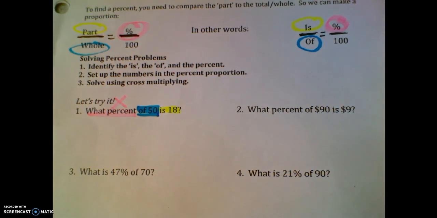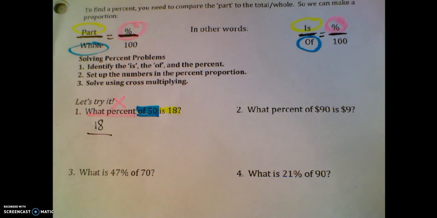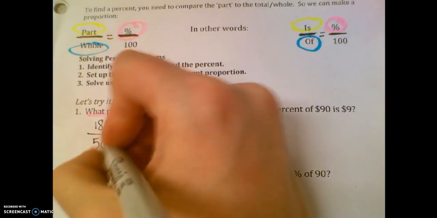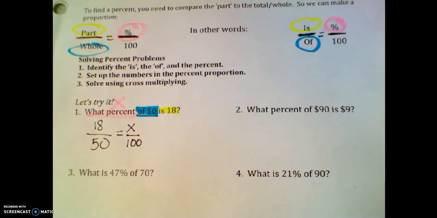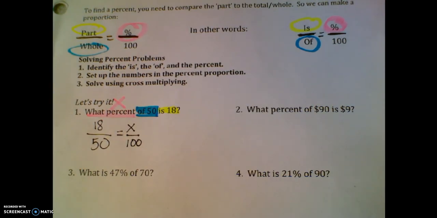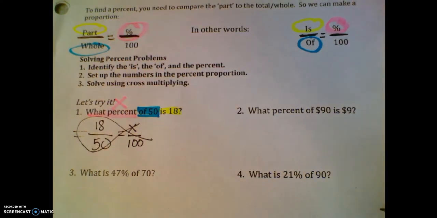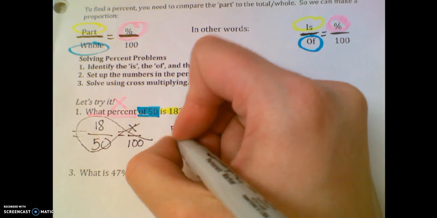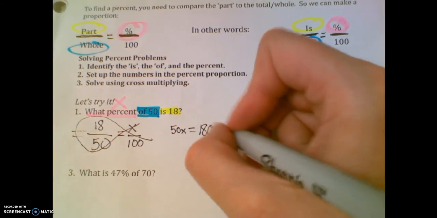So what percent of 50 is 18? I can go ahead and set up what I know. I know that my part is 18. I know that it's total out of 50. I don't know my percentage, but percentages are always out of 100. So what I can do here is just go ahead and use my cross multiplication. So x times 50 is 50x equals 18 times 100 is 1800.